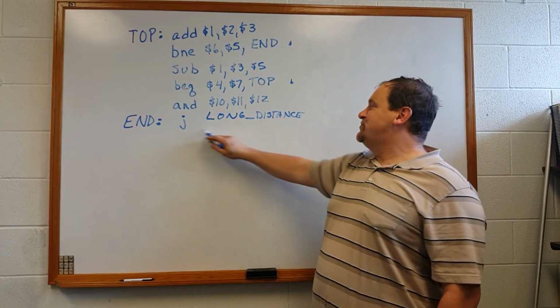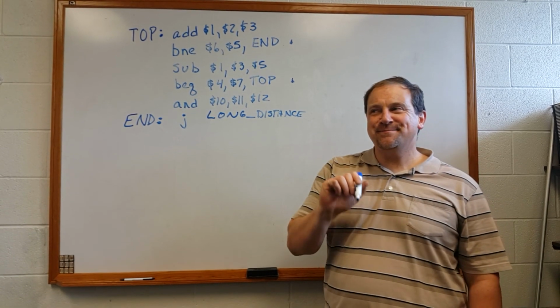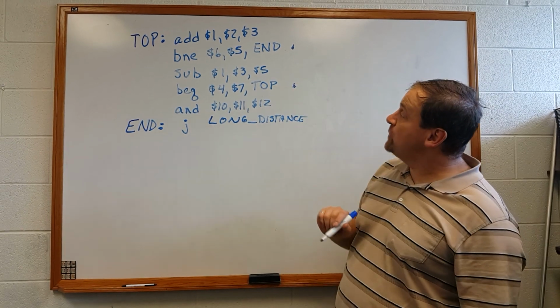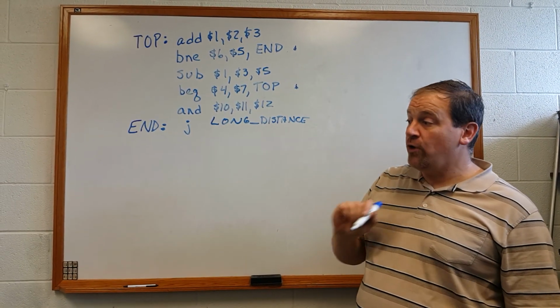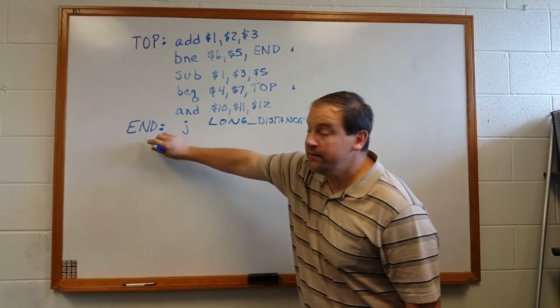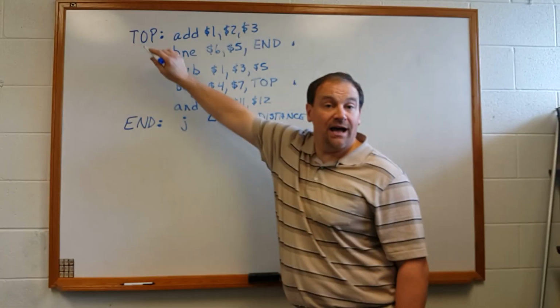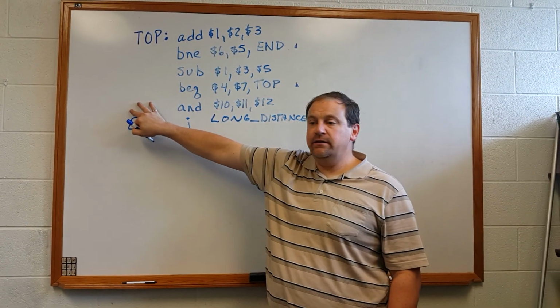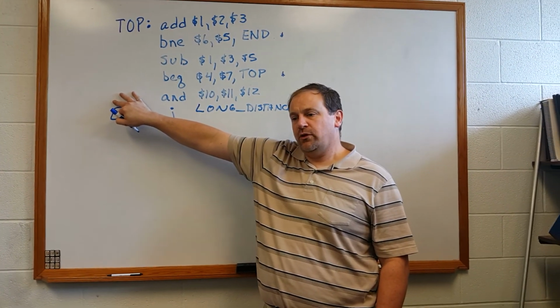So, this jump long distance is going to be a little trickier because we're going to need more information. However, to encode the branches, we have all the information we need because we have end, and we have top and top. So that's all we need. Had I not this end, you would not have enough information to solve the problem.